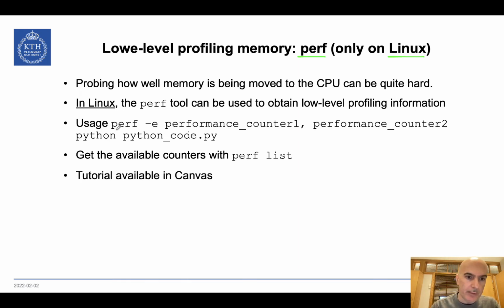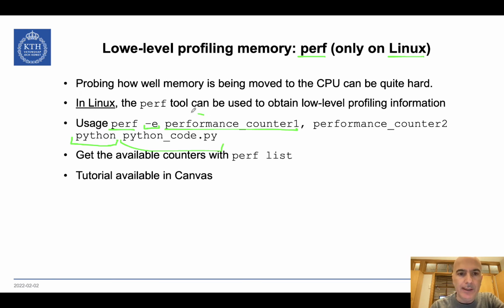We use the command perf, available on the Linux system, then a flag -e, and then the name of the performance counter that we want to monitor: performance counter 1, 2, 3, and 4. After that, we need to say which code we want to profile, so we call Python and then the name of our code.